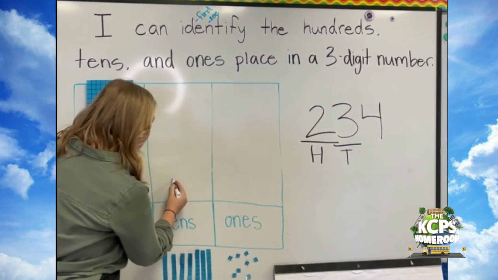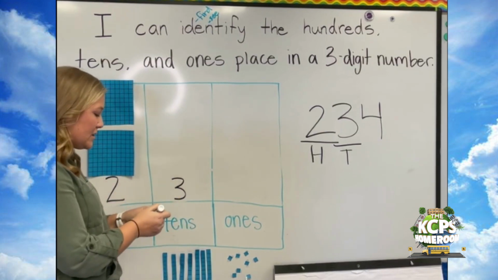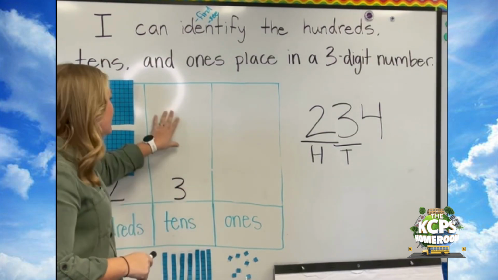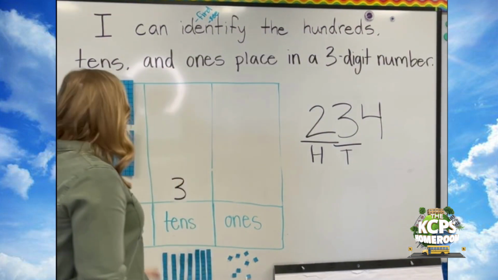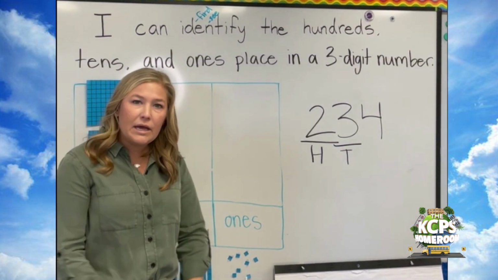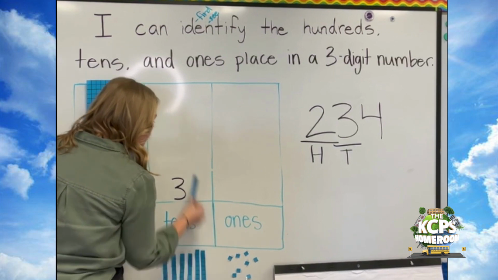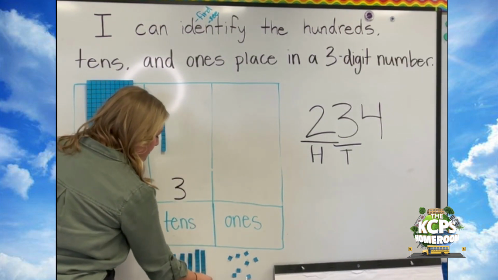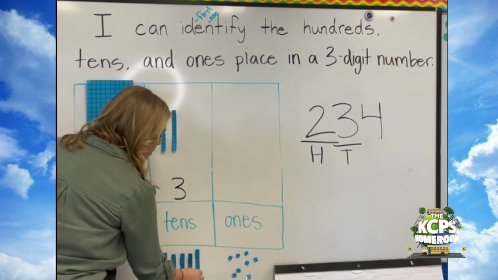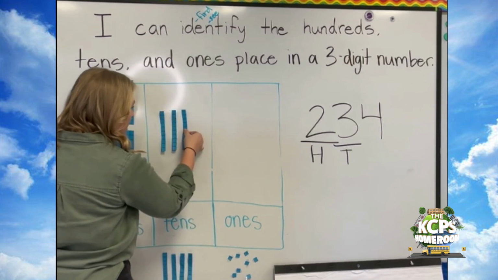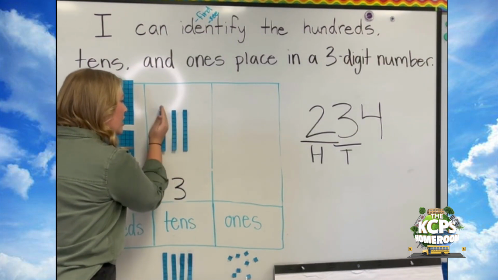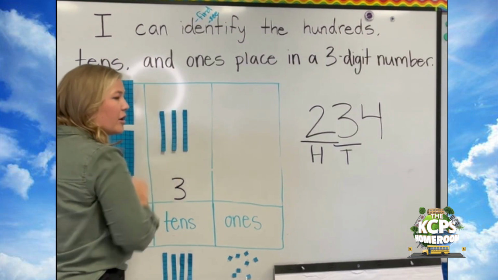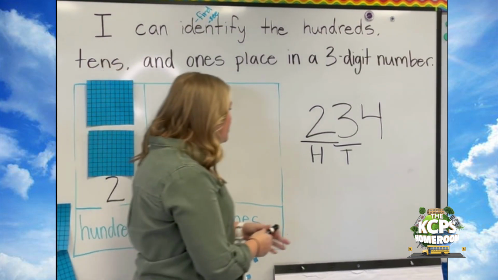So if I come to my place value mat and I put a 3 in the tens column, I know I need to represent that with 30. Well, I'm not going to put 30 ones cubes and a hundreds flat's too big, so I'm going to use 3 tens rods. 1, 2, 3. And if I were to count up all the ones cubes, I'd have 10 in each. So 10, 20, 30.